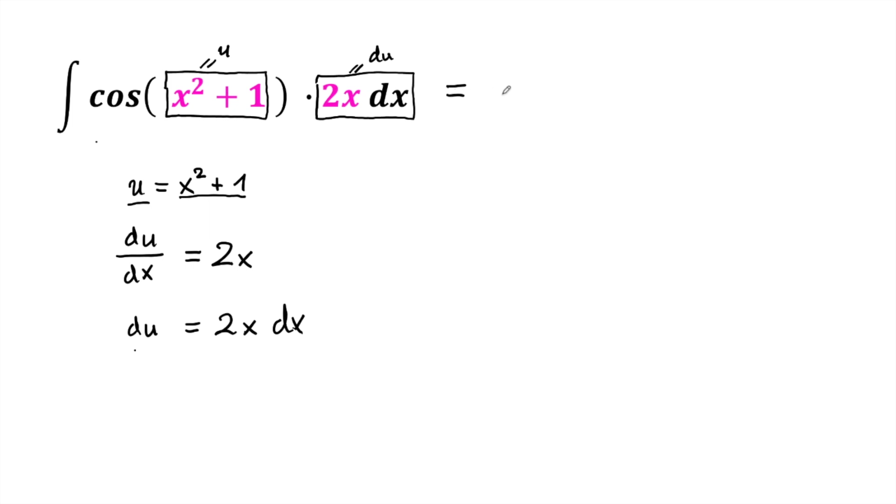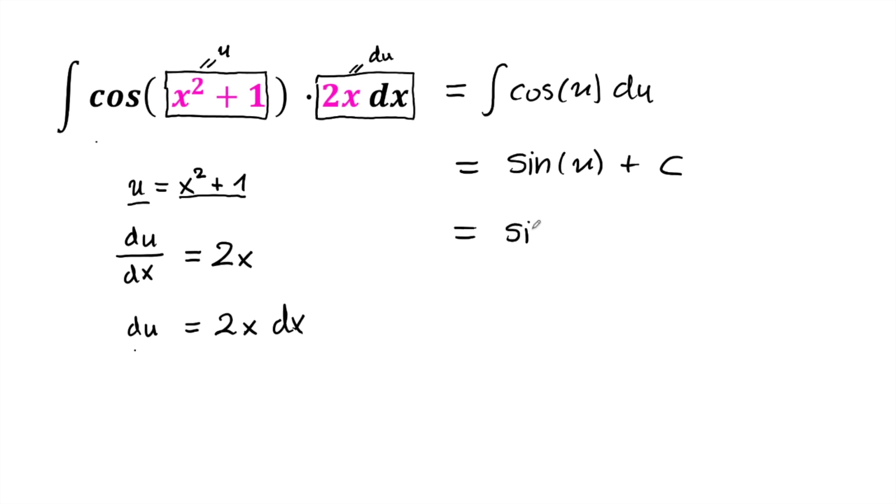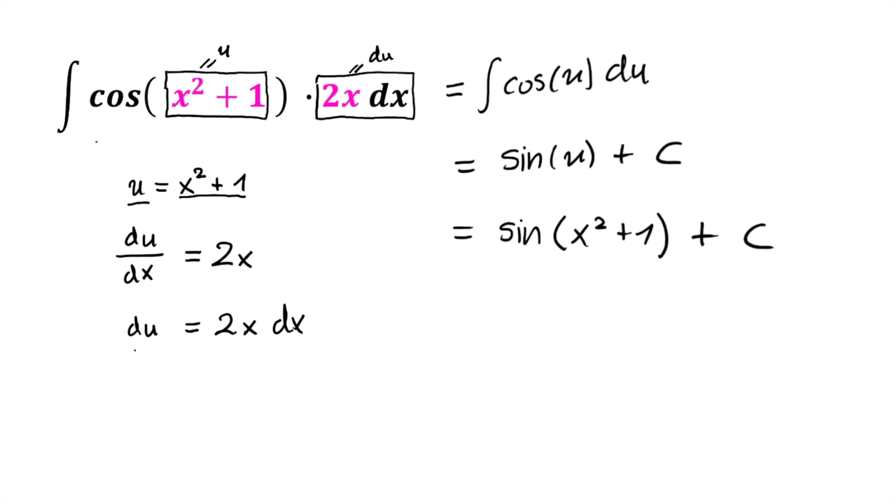So when we do so, we get that this is equal to the integral of cosine of u du, and we know that this integral is the function sine of u plus some constant c. And so we get sine of the inner function x squared plus 1, plus the constant of integration c.